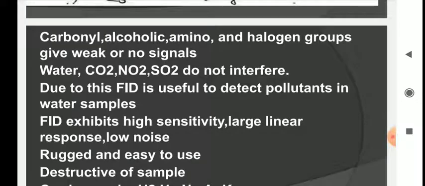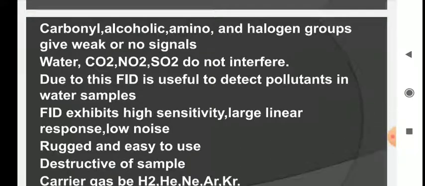So if you want to detect pollutants in an environmental water sample, since water does not give any signal in the flame ionization detector, it will not interfere. Similarly, even if carbon dioxide, nitrogen dioxide, etc. are present in the water sample, they will not interfere. So FID is very good for detecting pollutants in water samples.